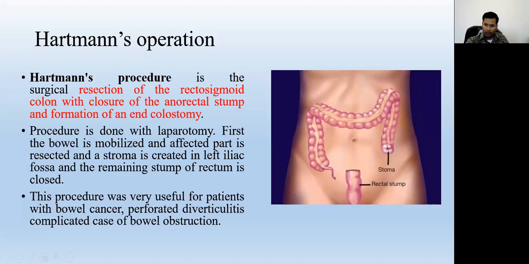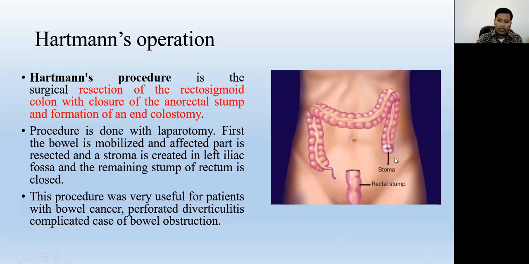First, we have to resect that rectosigmoid part of the colon, which is usually affected in case of colonic diverticular disease. Then we have to close the remaining anorectal stump and leave it like that.